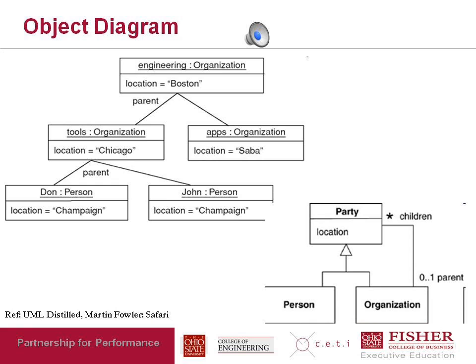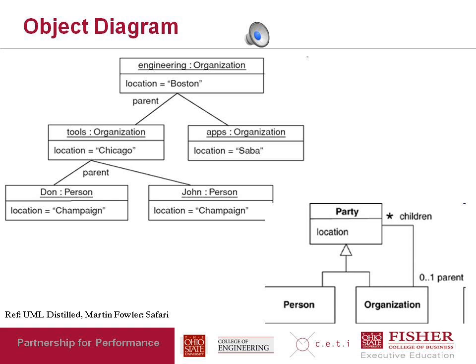So now here's an example of another diagram known as an object diagram. The object diagram is used to show the relationships between specific objects in a system. So in this particular object diagram, you see an engineering organization whose location is Boston.